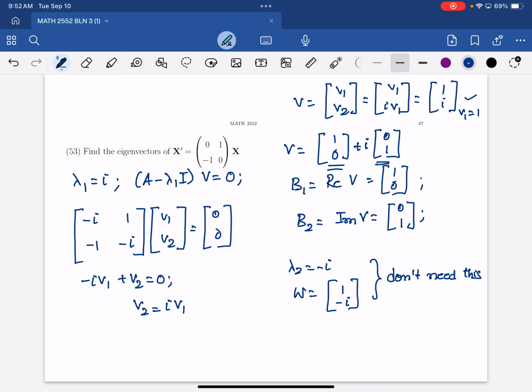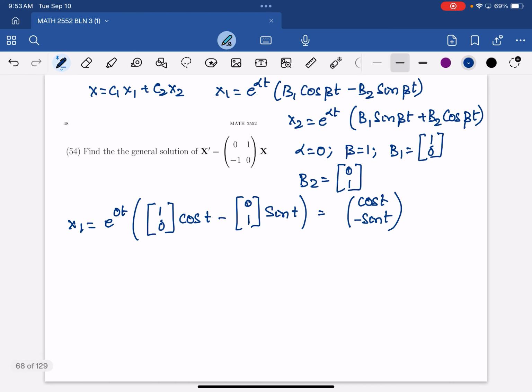Let me not say don't need this. I'm going to say I'll justify this later. Not the proof, but really some intuition, some mathematical justification. I'm going to justify it at that time. Okay, clear?